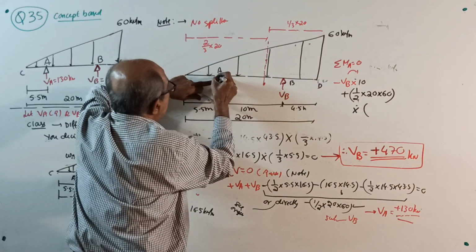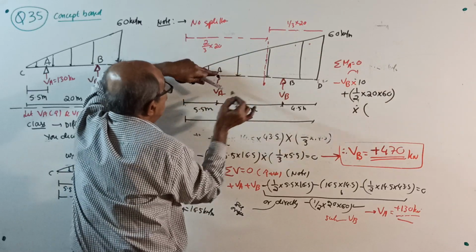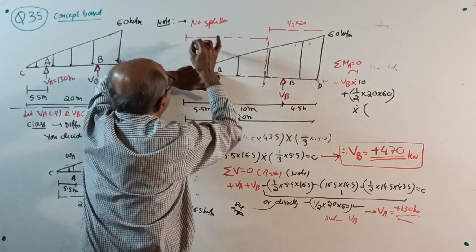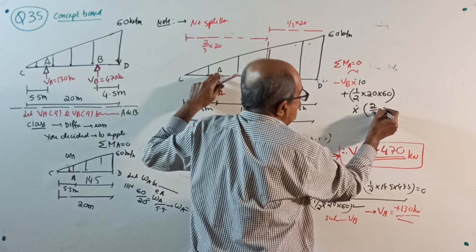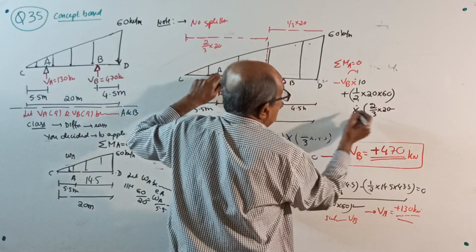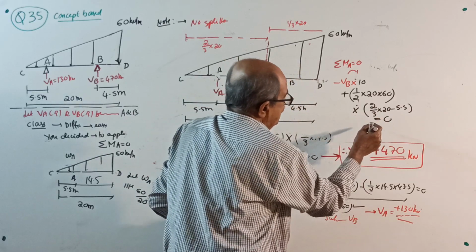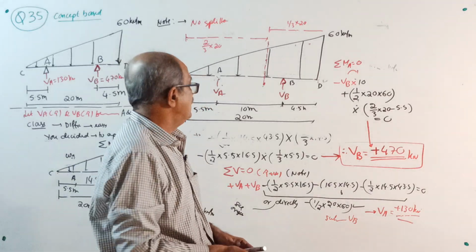Moment about A you require. This is 2/3 of 20. This is 5.5. I want moment about A. So load into this distance, 2/3 of 20 minus 5.5, equal to 0. 100% you get VB equal to plus 470 kilonewton.